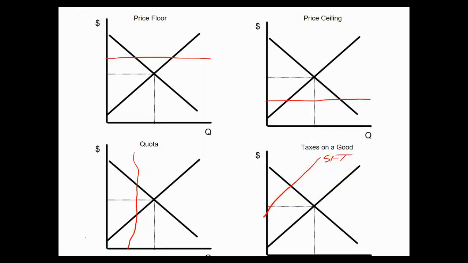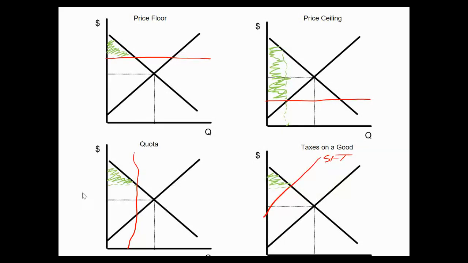Because I'm going to do all the consumer surplus, I'll do green. So here, this would be consumer surplus. This would be all consumer surplus here. Consumer surplus would be right here. With a quota, the consumer surplus would be here.